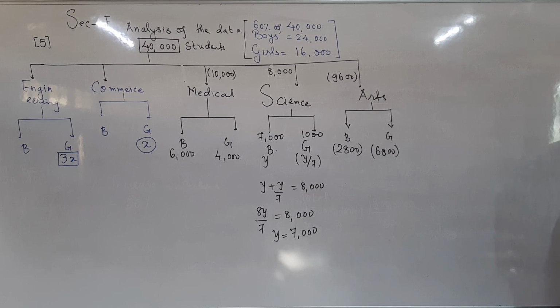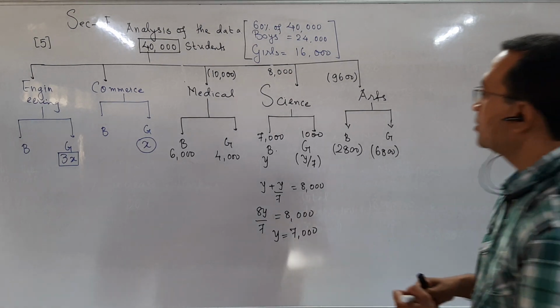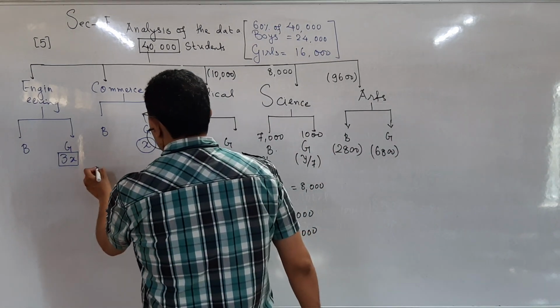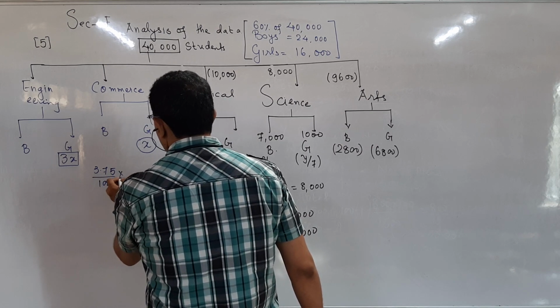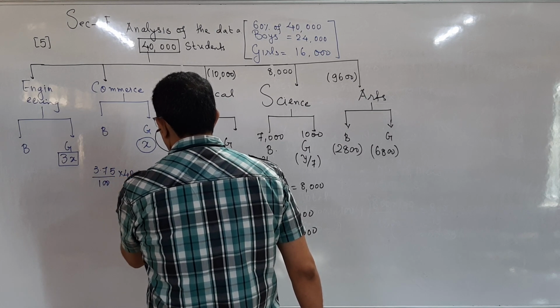3.75% of the total number of university students belong to commerce faculty, students. 3.75% of the total students belong to commerce faculty. So 3.75 upon 100 into 40,000.